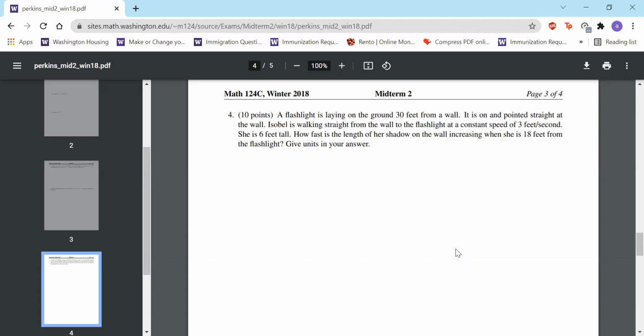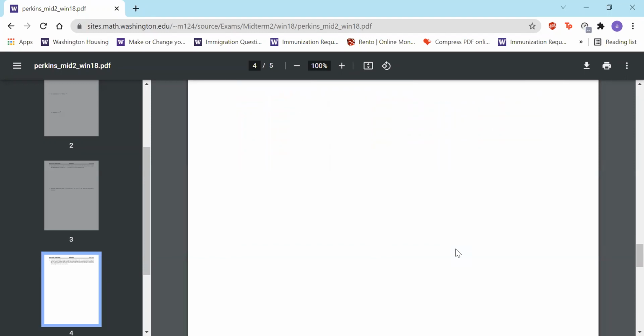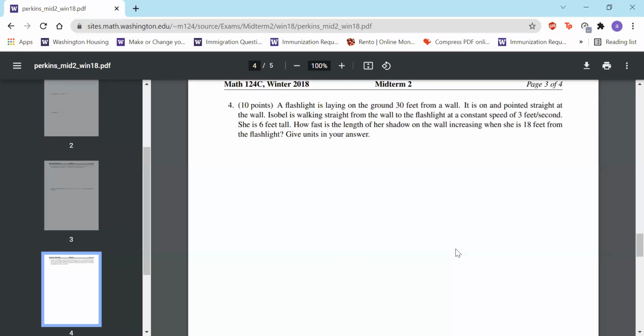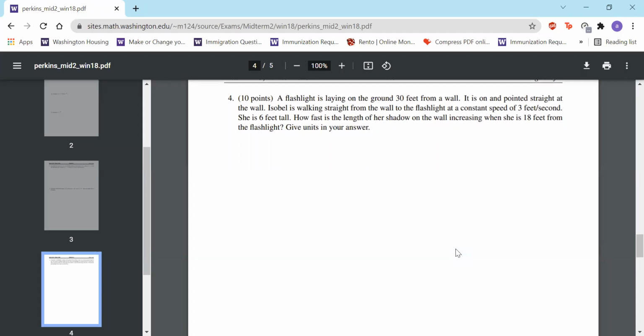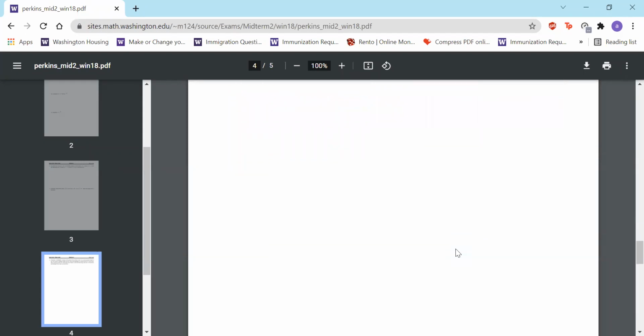And then with the similar triangle, 6 over x is y over 30.